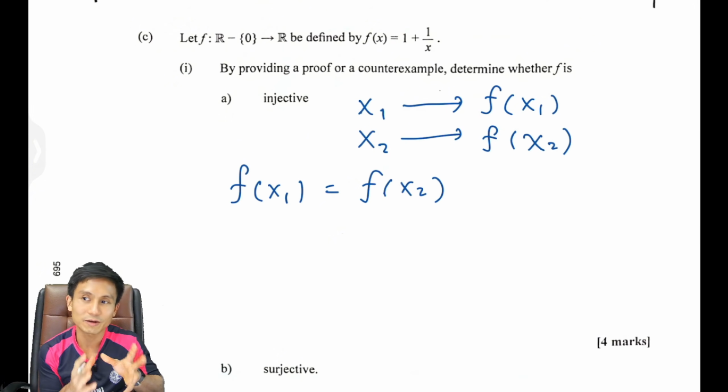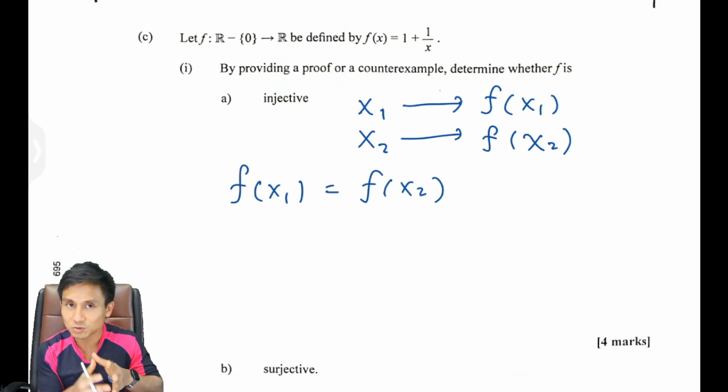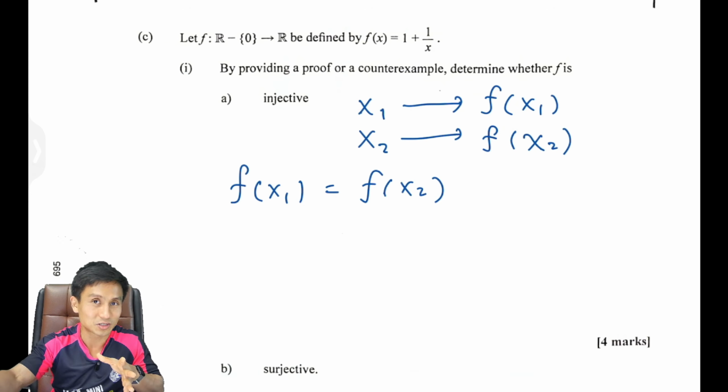If somehow we can find more than one answer to x, then that's not going to be one-to-one, right? So if x1 doesn't have to be x2, in this case, it's not going to be one-to-one.